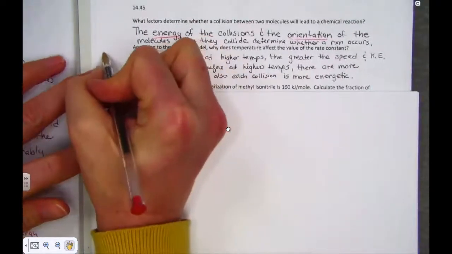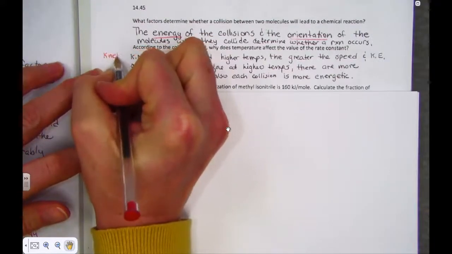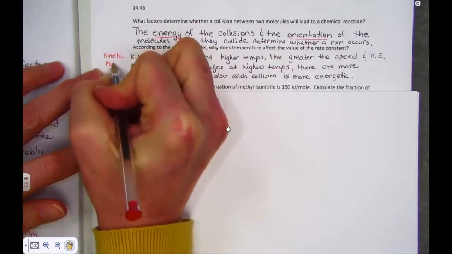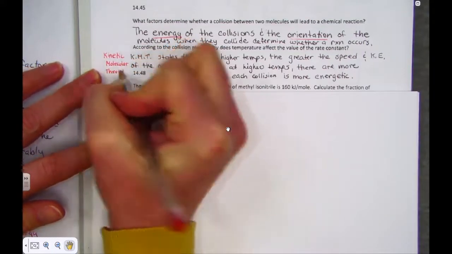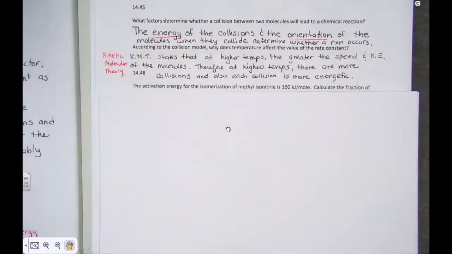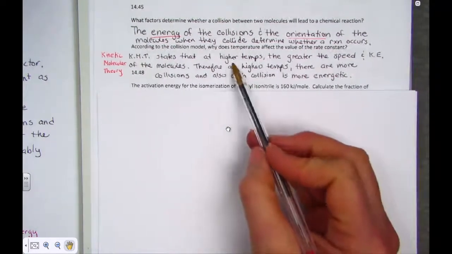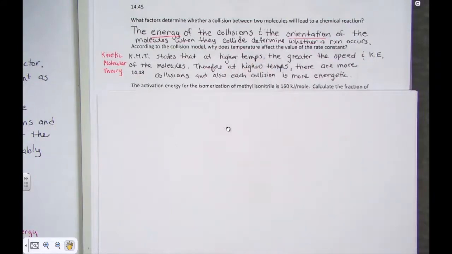KMT is just my way of shortening the kinetic molecular theory, and we studied that with gas laws. That tells us molecules are in motion. If we increase their temperature, higher and higher, we're increasing their kinetic energy. We're increasing the speed or the velocity with which they move.